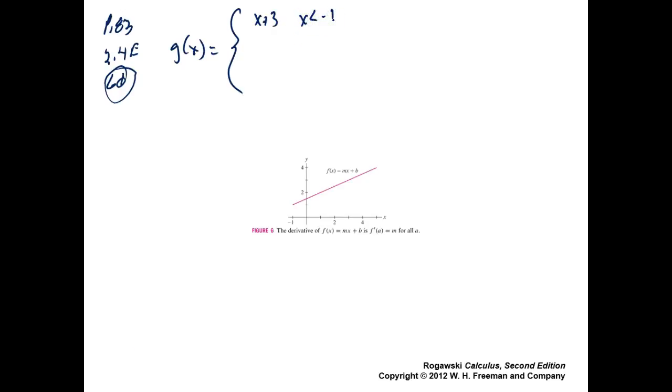Then it's Cx, and that's good for all x's between -1 and 2. That includes both endpoints there. And then it's 6.